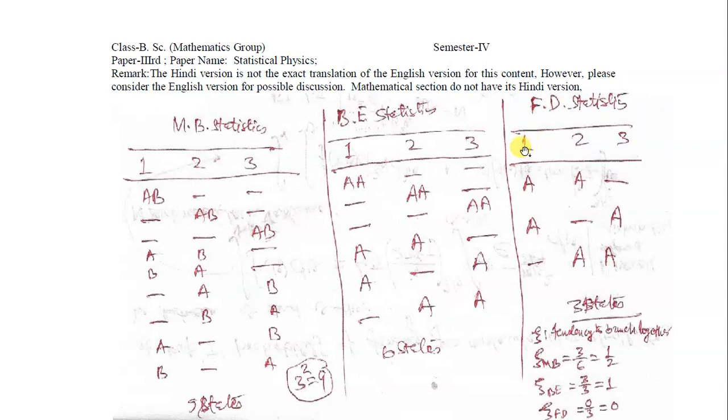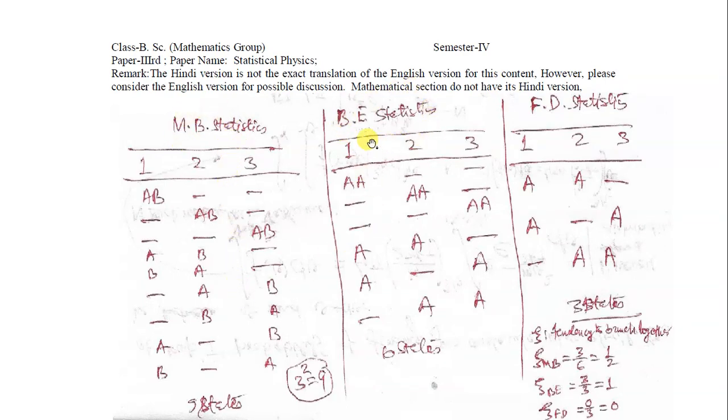In that case, state 1 is occupied by one molecule and state 2 by one molecule. Similarly, in another possibility, state 1 is occupied by one molecule and state 3 by one molecule, however state 2 is vacant, with no molecule in state 2. Similarly, in the case of Fermi-Dirac statistics, you will have only 3 possibilities. In this manner, you can distinguish that Maxwell-Boltzmann statistics corresponds to classical statistics.